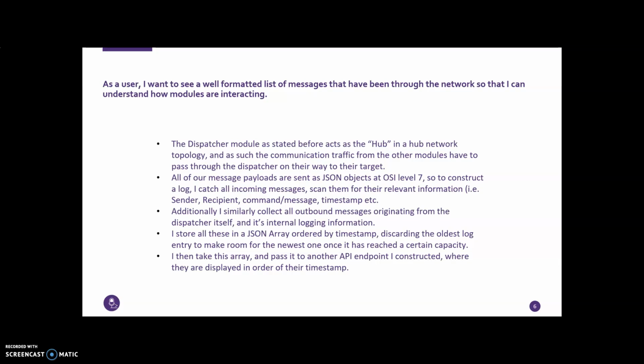After I have this array constructed, I pass it to another API endpoint, and the log messages are displayed in order of timestamp. At the time of this video, we've also integrated this into our dashboard module, so there is output in our dashboard as well as at the API endpoint URL.